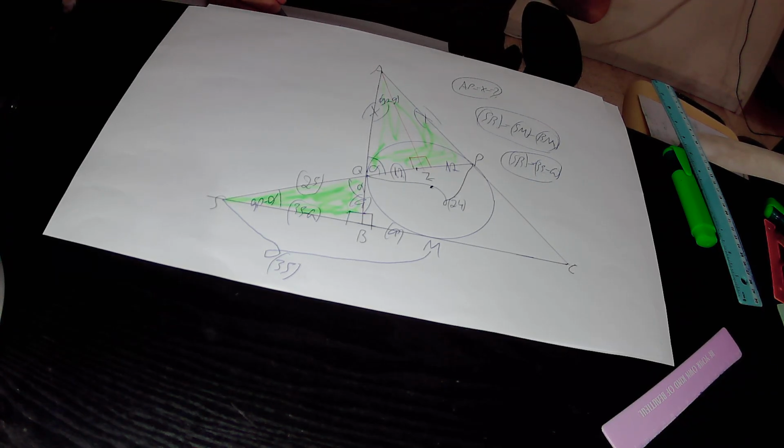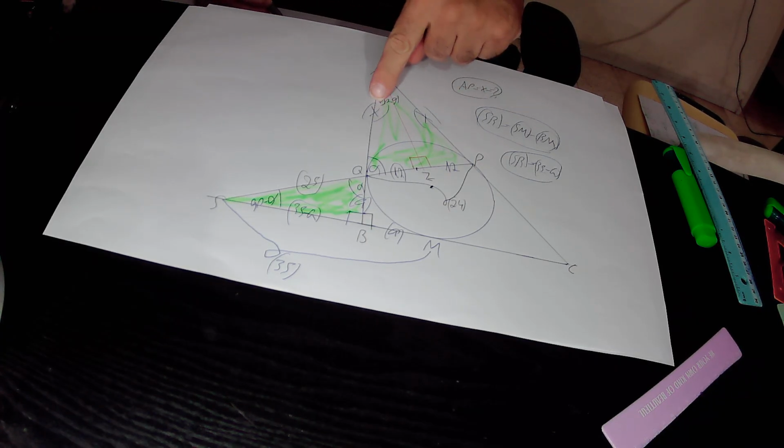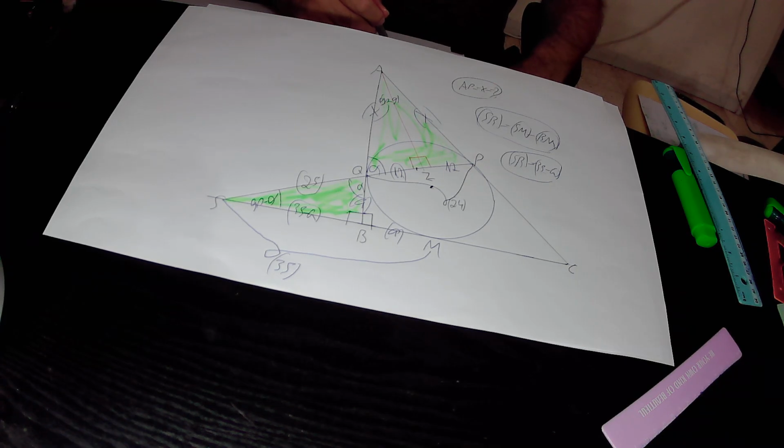QS is 25, AQ is X, and it equals QB is A over QZ is 12.